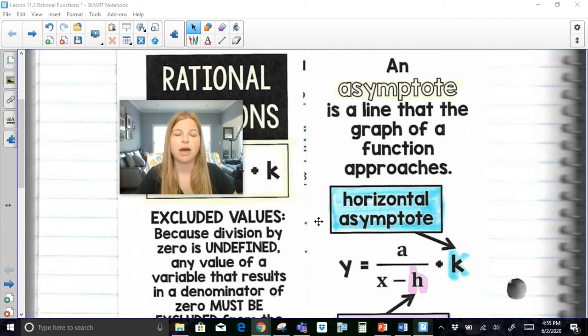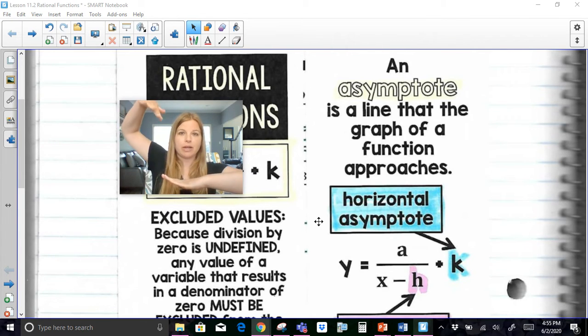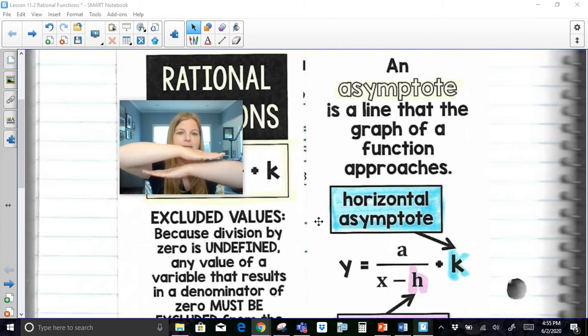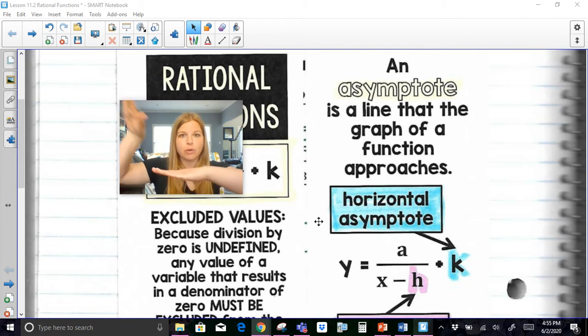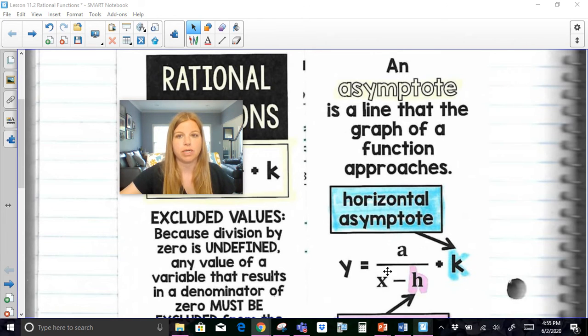When we were doing exponential graphs and we had a graph of a decay, I talked to you about how the graph gets really, really close to the x-axis, but it never actually touches it. This is the asymptote. The line that a graph seems to curve towards and approach but never actually touch is the asymptote. You can have a horizontal asymptote. You can also have a vertical asymptote, and we're going to have both.